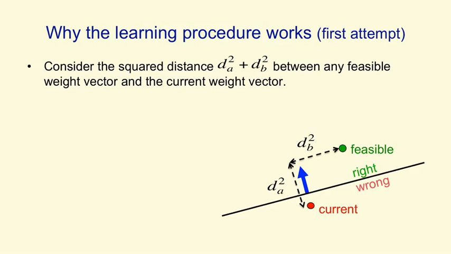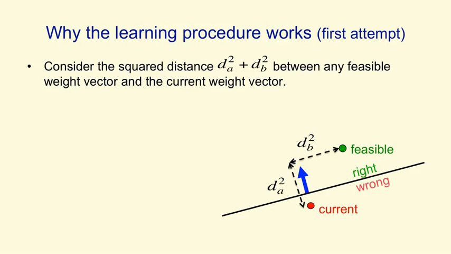So we start with a weight vector that's getting some of the training cases wrong, and in the diagram we've shown a training case that it's getting wrong. And what we want to show, this is the idea for the proof, is that every time it gets a training case wrong, it will update the current weight vector in a way that makes it closer to every feasible weight vector.